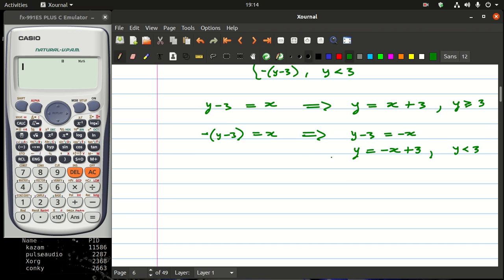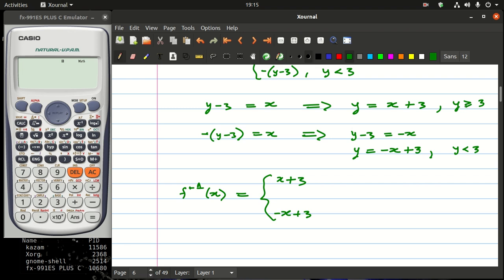So our inverse, f inverse of x, is saying that we have x plus 3 and we also have minus x plus 3. So we have these two options.